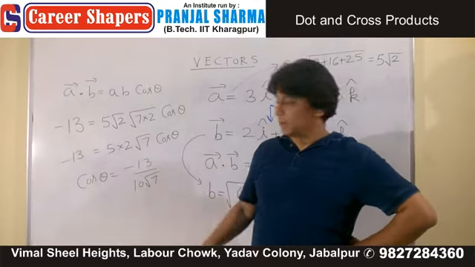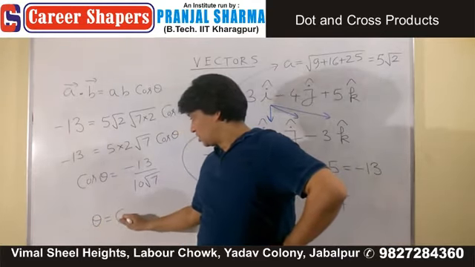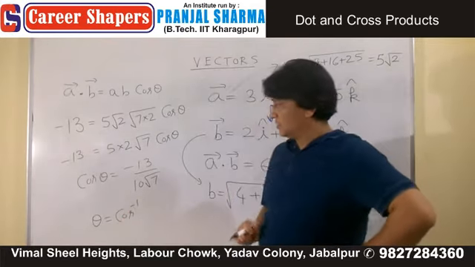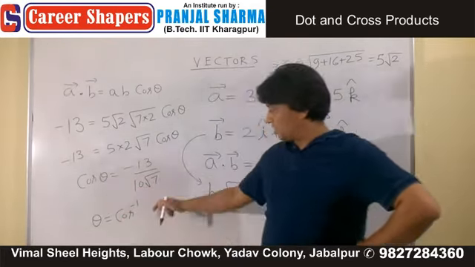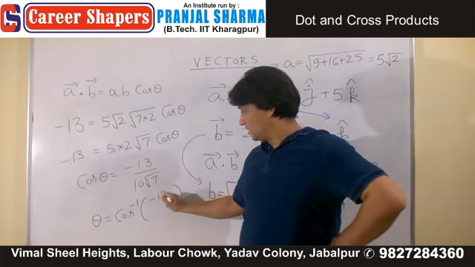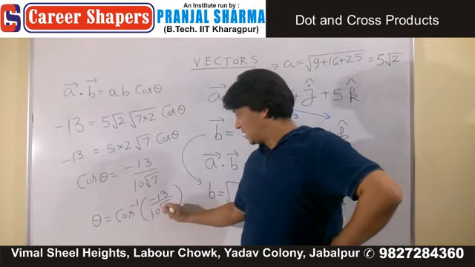What is theta coming? Theta is coming cos inverse, shift this side, cos inverse minus of 13 divided by 10 root 7.